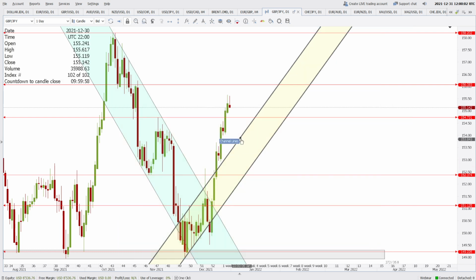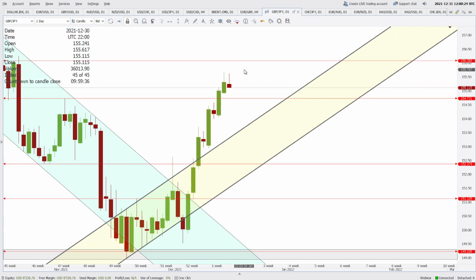So now we are expecting the 154.73 area to act as a fresh support. If it does, fine. If it does not, then you'll be looking for 152.37 to act as a fresh support for the GBP/JPY. Now immediate support is of course 154.73, and immediate resistance is at around 156.08.